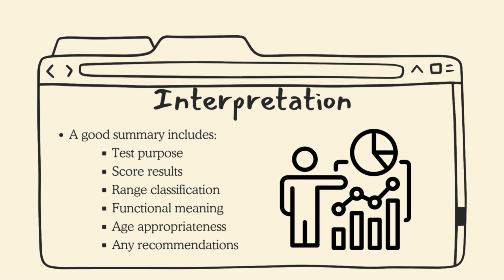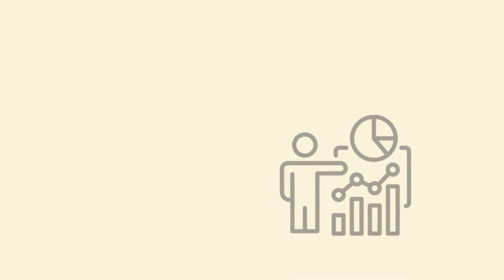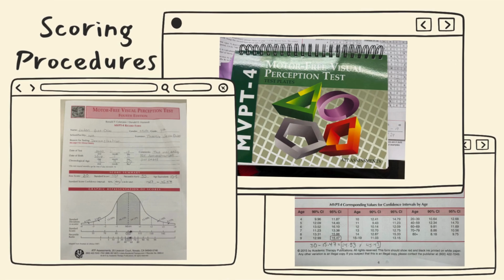I'm going to do a sample of that. Like I said, I fabricated Jaden's data, and here it is right here. On the left, you see the Motor-Free Visual Perception Test protocol. On there, you can see it has Jaden's name, his gender, and his grade. Then it would normally say the school or facility and the examiner. Reason for testing. Jaden was 9 years, 9 months, and 20 days old when he took the test.